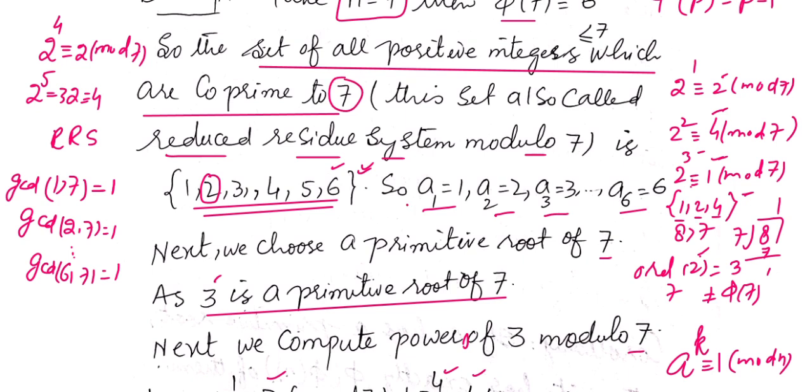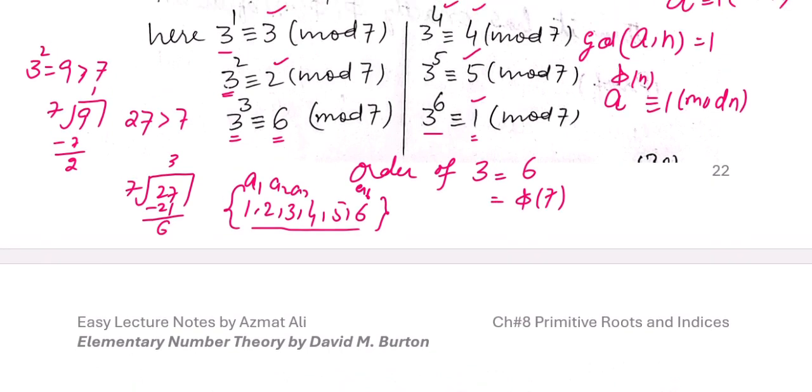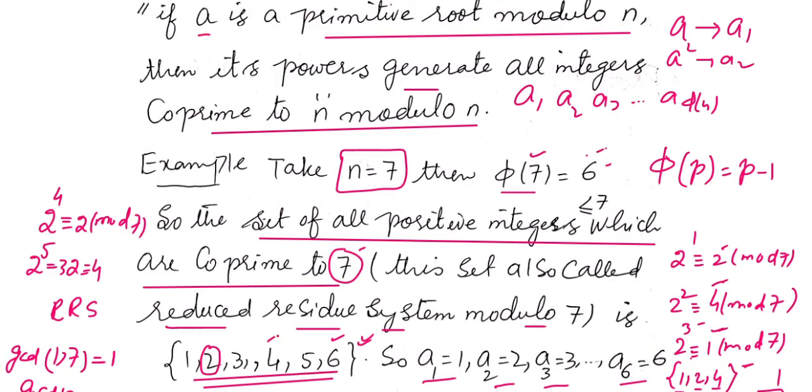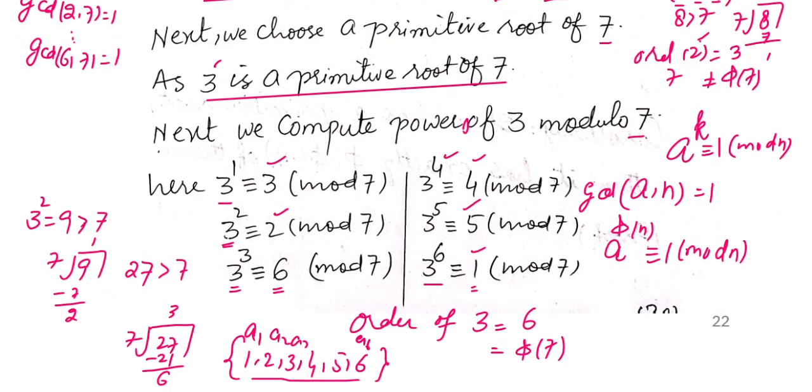Further, you can observe that if 3 is relatively prime to 7, then all of the powers of 3 will also be relatively prime to 7. For example, 3 raised to power 1 is 3, 3 raised to power 2 is 2, 3 raised to power 3 is 6. These are all numbers in the same set. So that's why the powers of an integer which is already relatively prime to n will also be relatively prime to n. Now we move towards the general proof of this theorem.